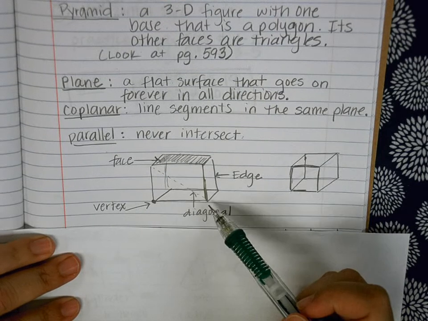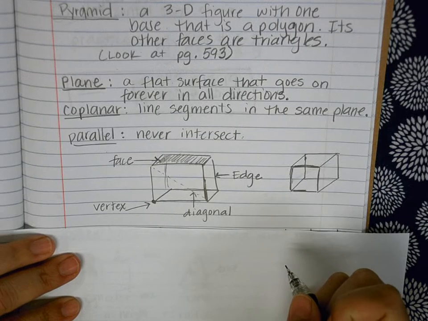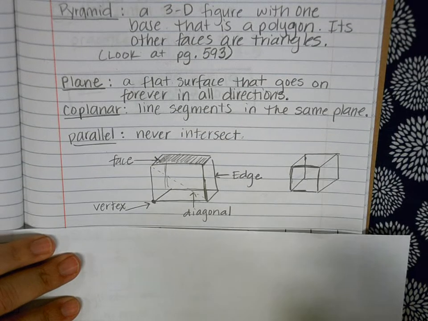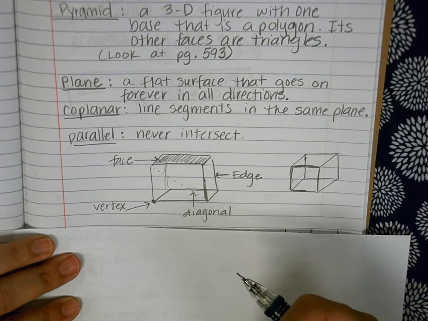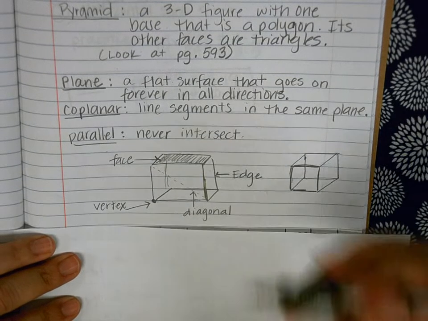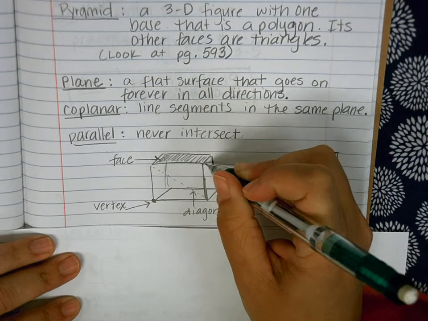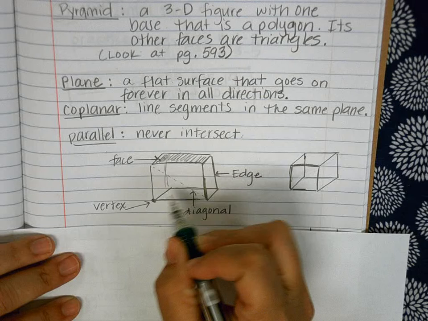How many faces on a cube? 6. Good. Do you ever roll the dice? It goes 1 to 6, right? Okay, good. Just checking. And then edges are the pieces that connect each face, and the vertices are the points of connection.